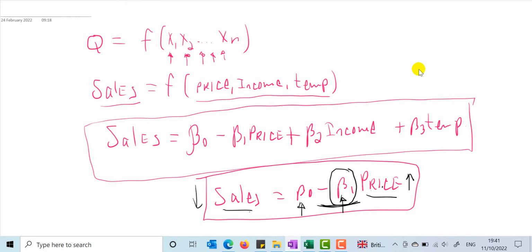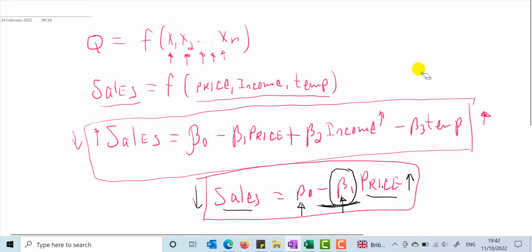Income to have a positive value, because we would expect the sweatshirt to be a normal good. When income increases, we would expect quantity demanded to go up. And temperature to be negative as well, because when the temperature rises, when it gets hot, we would expect sales to go down, because people may not buy as many sweatshirts as when it's cold. So we would expect that to be negative as well.